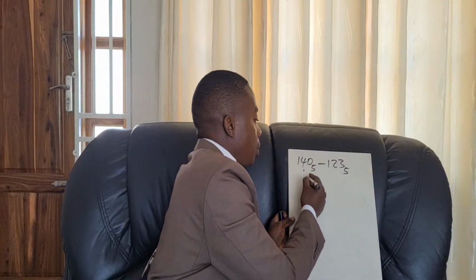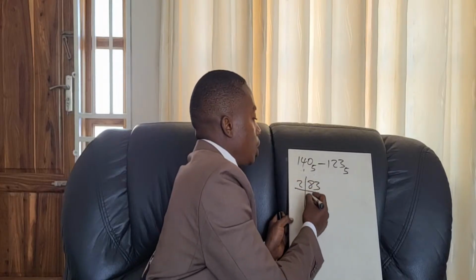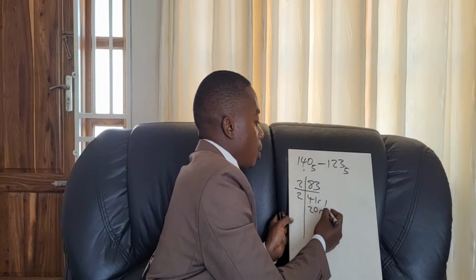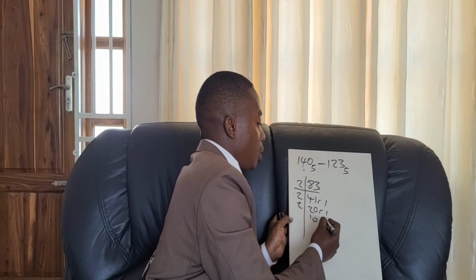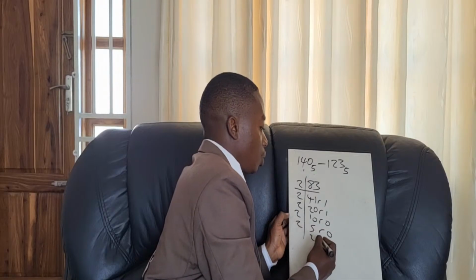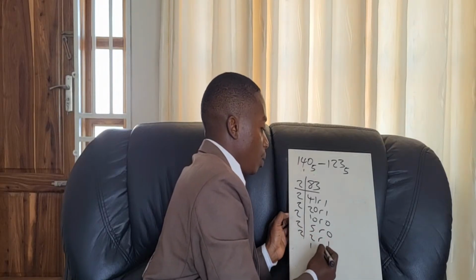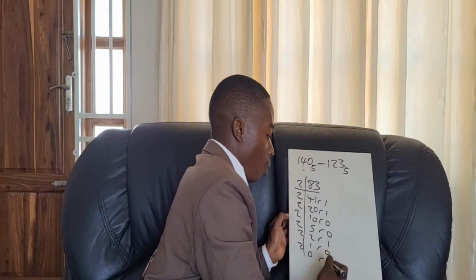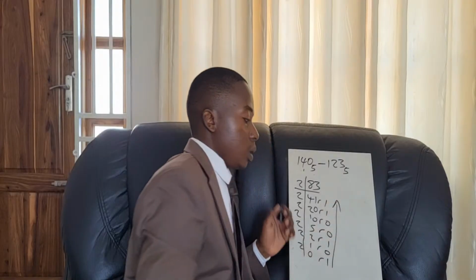So 83 to base 2. 2 into 83 is 41, remainder 1. 2 into 41 is 20, remainder 1. 2 into 20 is 10, remainder 0. 2 into 10 is 5, remainder 0. 2 into 5 is 2, remainder 1. 2 into 2 is 1, remainder 0. 2 into 1 is 0, remainder 1. Remember, we read it from the bottom going up.